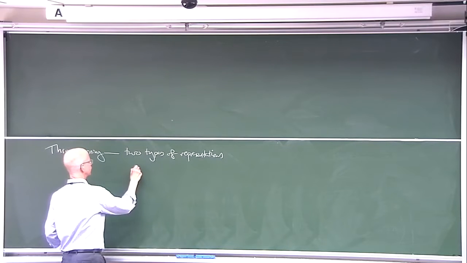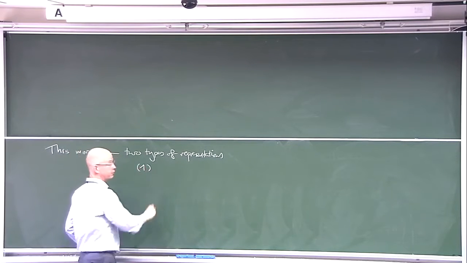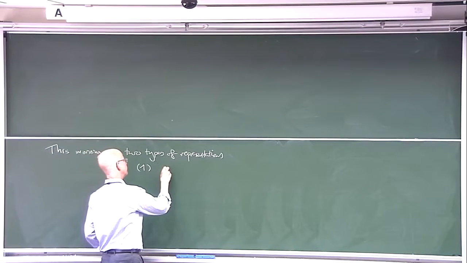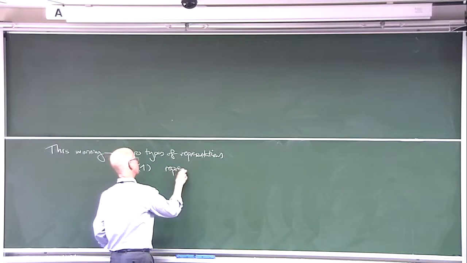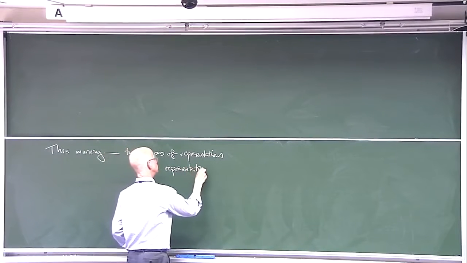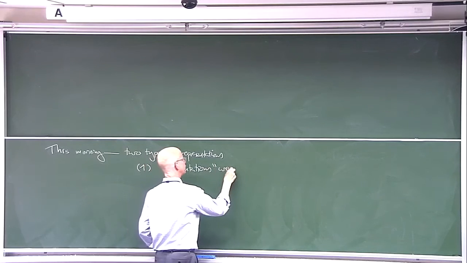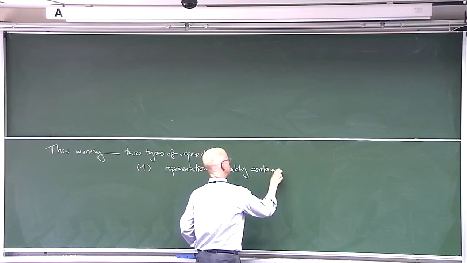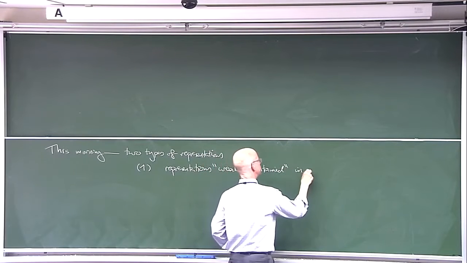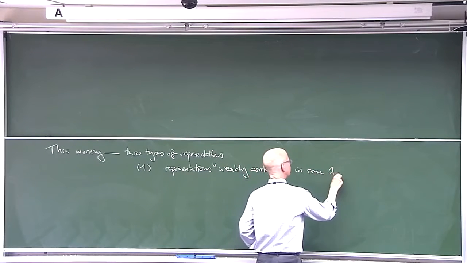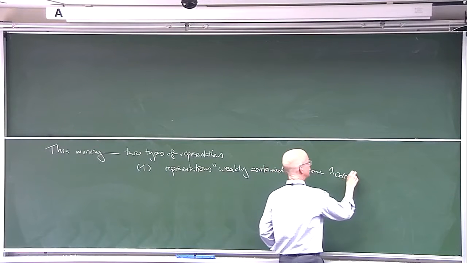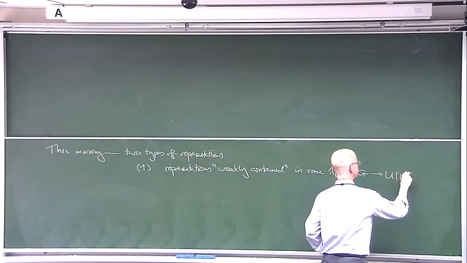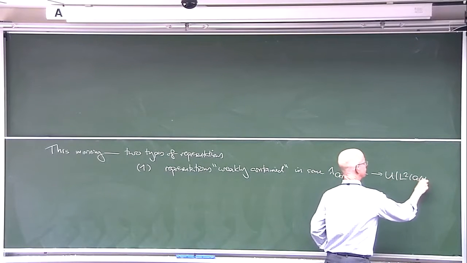And type 1, so to speak, which is mostly what this lecture is about, are the representations, as the C-star algebra people would say, that are weakly contained in one of these representations of G as translation operators, unitary translation operators, excuse me, on L2 G mod N.